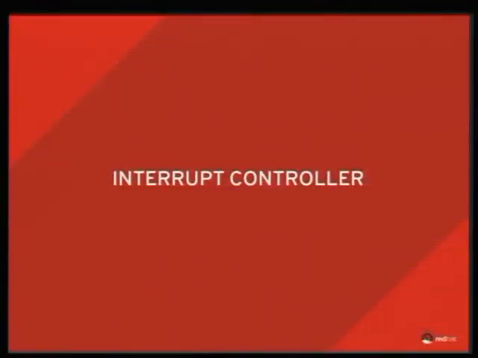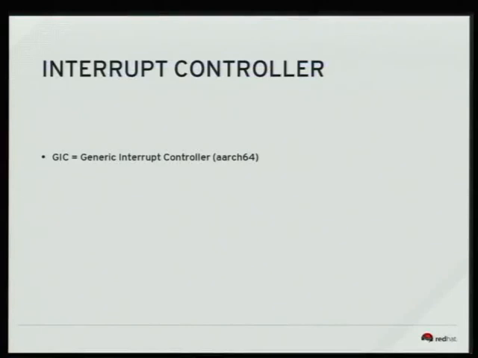Then we're going to talk about interrupt controllers, a very fundamental part of any architecture, or maybe not. On AR64, we have the GIC, or JIC, I'm not sure how it's pronounced, but it's the generic interrupt controller. And it's basically the same thing as the APIC on x86.